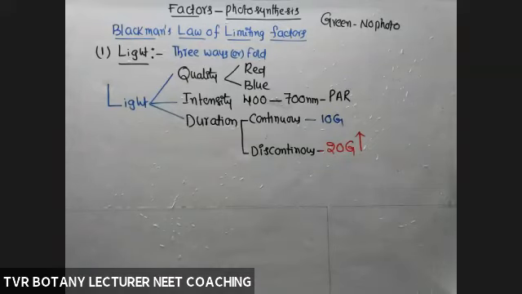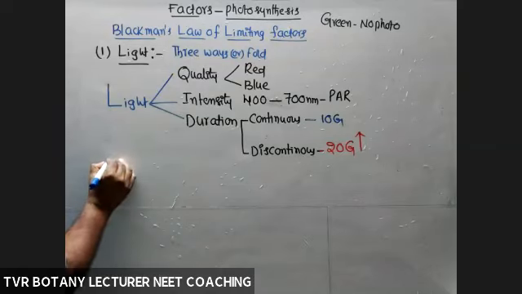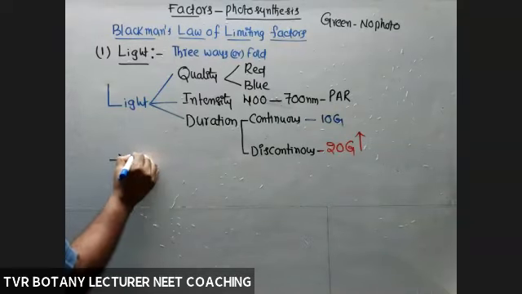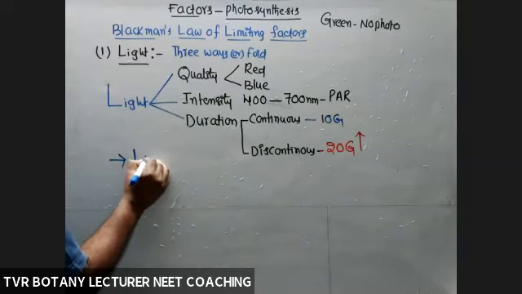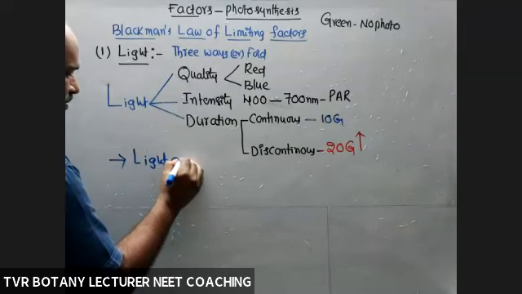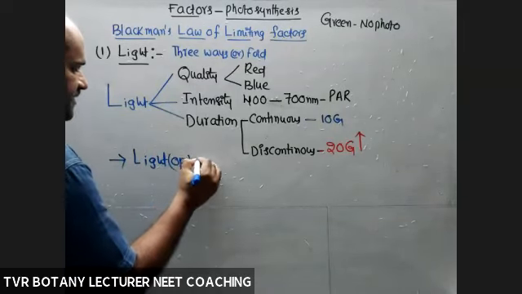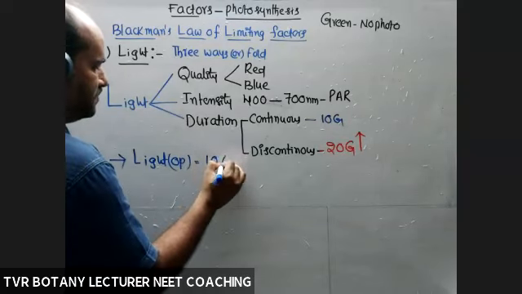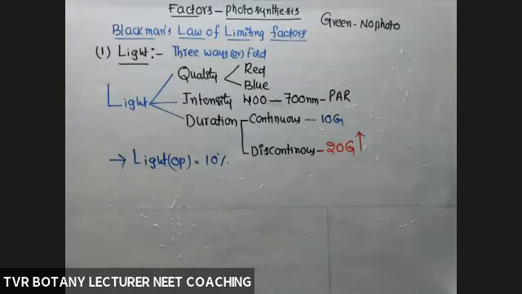So generally, light is not a limiting factor in nature. Light saturation means optimum light, and the optimum concentration is 10% out of the total amount of light reaching the leaf.